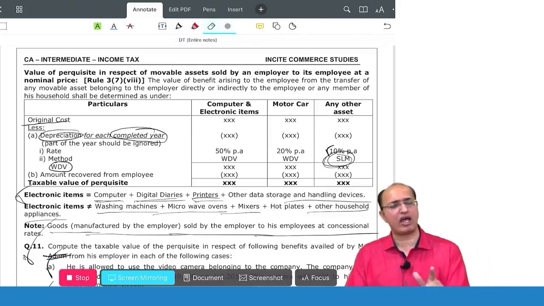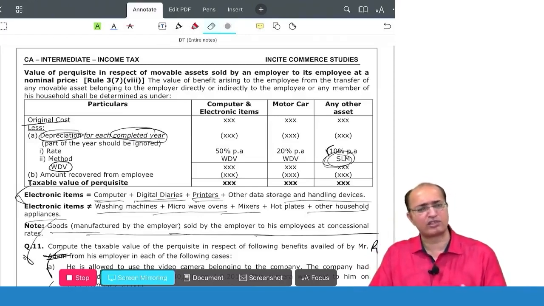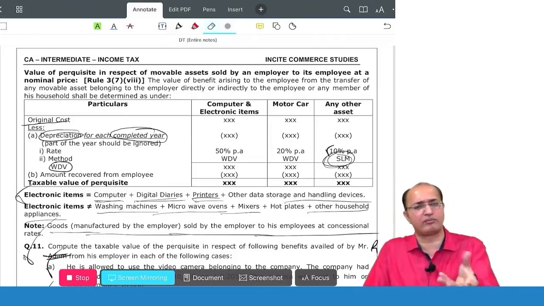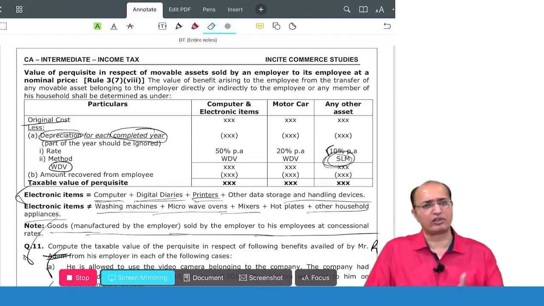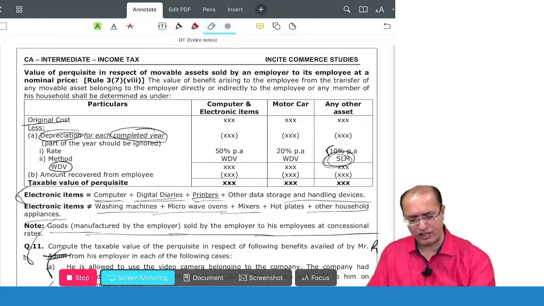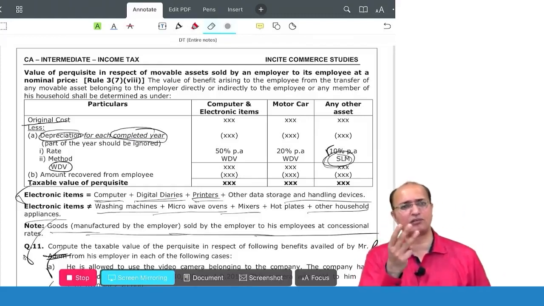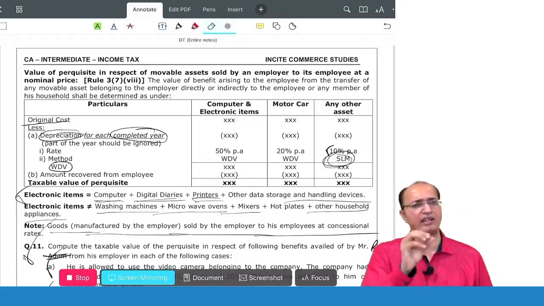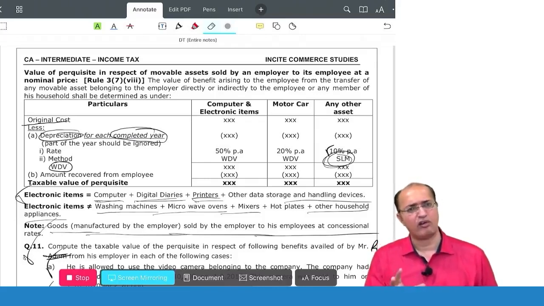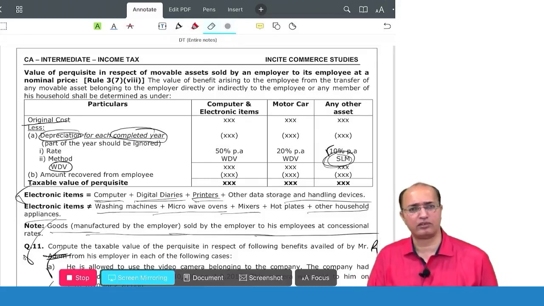Sometimes the government also has an intention to provide an exemption, to provide you some benefit. So in that case, the government says that we will not levy the tax. I will tell you specifically in the chapter of income from salaries. Whenever 3 things are involved, the government will either not try to levy the tax, or if at all they try to levy the tax, they will try to levy it on the minimum possible amount.